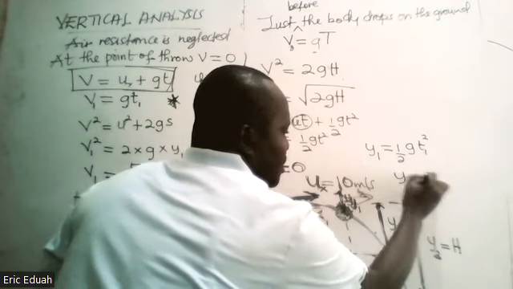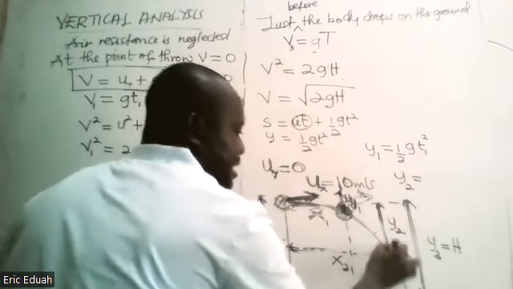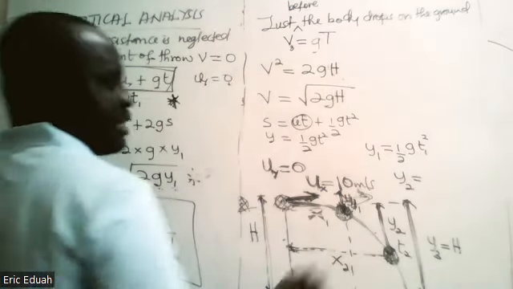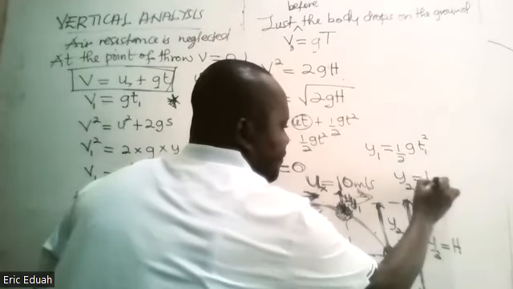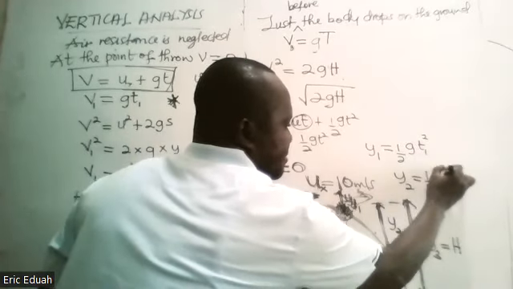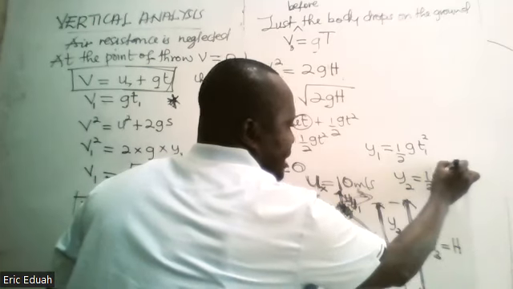Y2, if I want this vertical height covered, must be equal to half g times T2 squared.